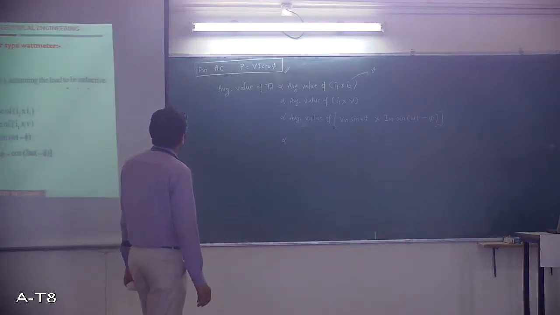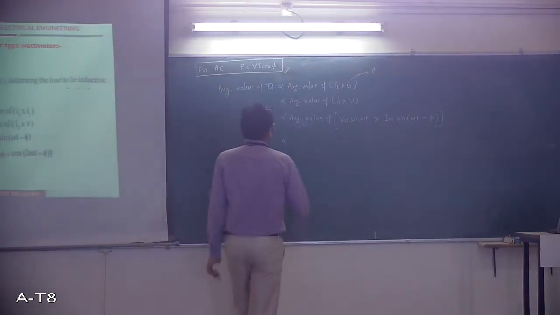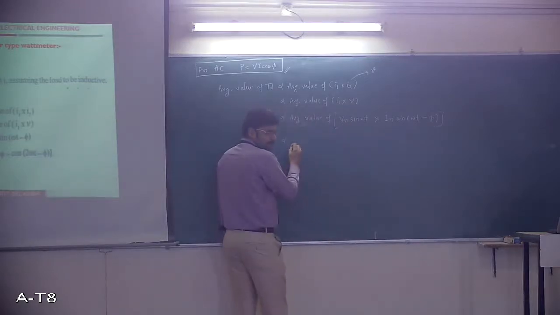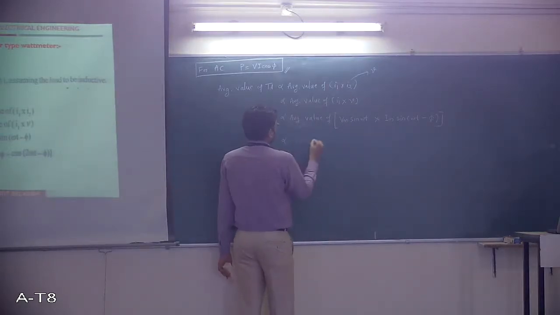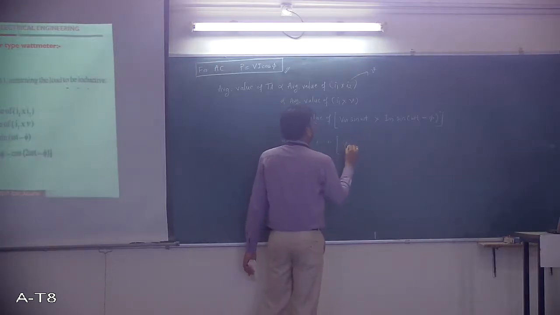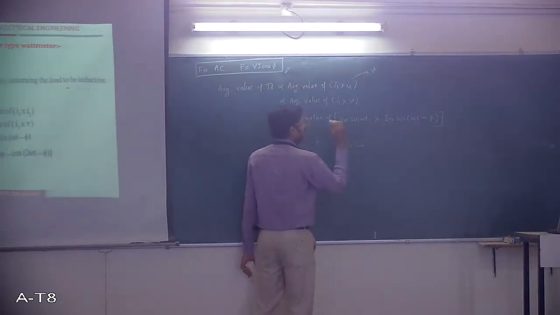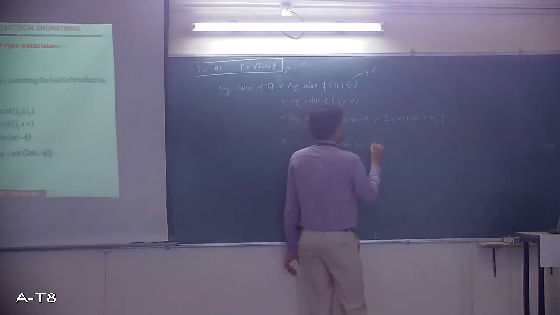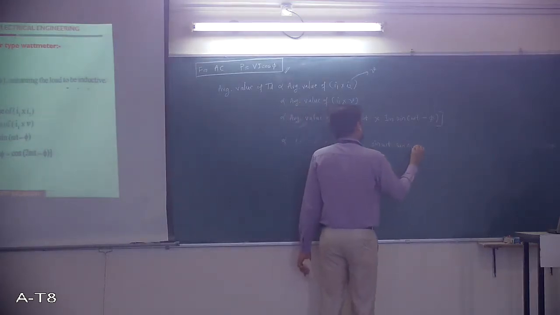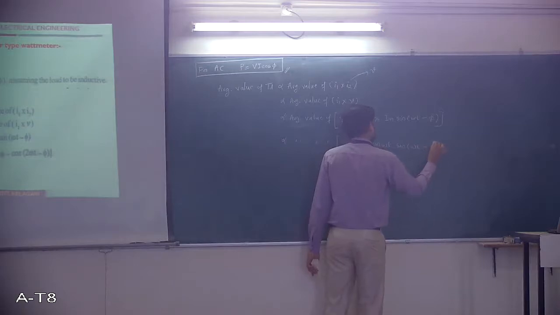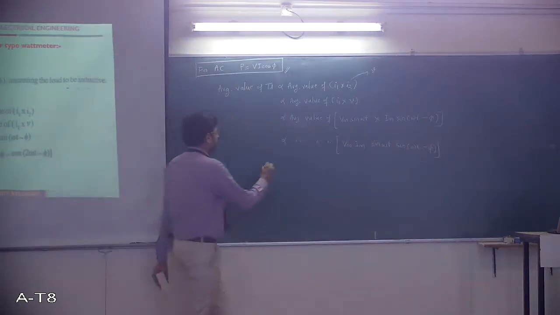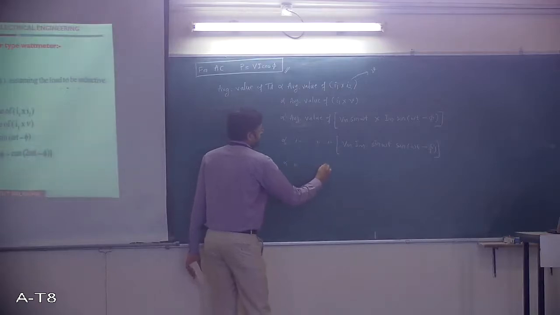How to simplify this? Let me write this once again. This is proportional to the average value of, combining the constants Vm and Im, sin omega t into sin (omega t minus phi). How do you simplify this further?